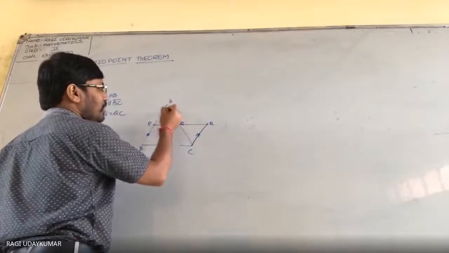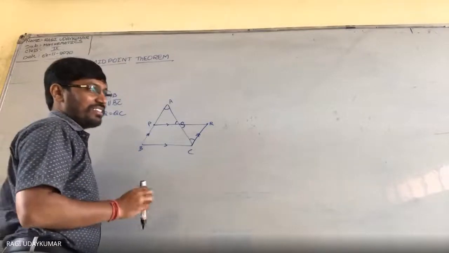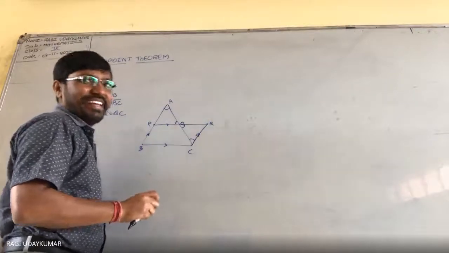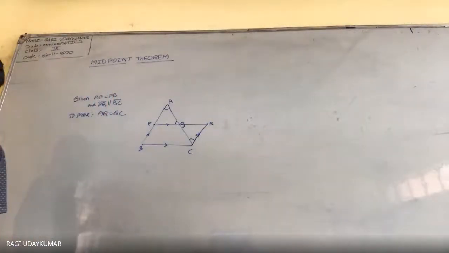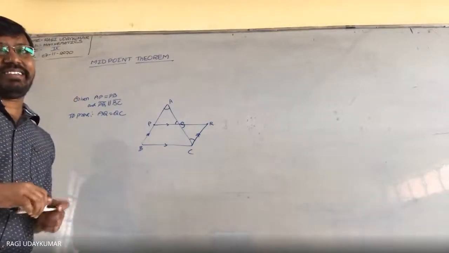Yes, sir. और ये alternate angles. Yes, sir. And then PQA and CQR are vertically opposite angles. Okay. Then after. थोड़ा, yes, you have almost reached.